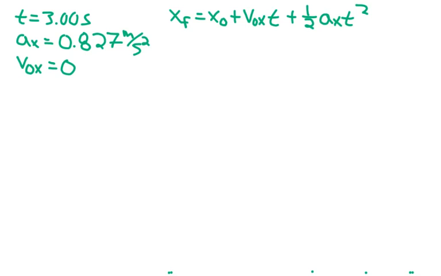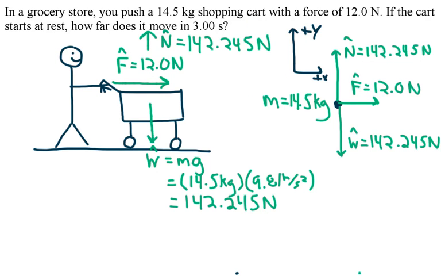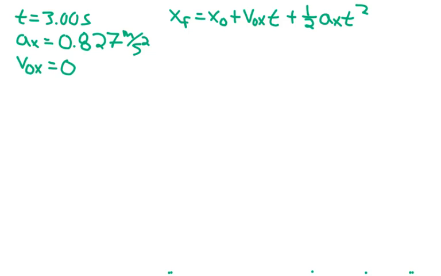So just like we did on our previous problems, now we need to set up a coordinate system for our cart, so that we know where our x initial and x final will be. You guys know that I like to put the origin where the cart begins. So the origin in this case is where the cart begins, which means that x naught is 0.